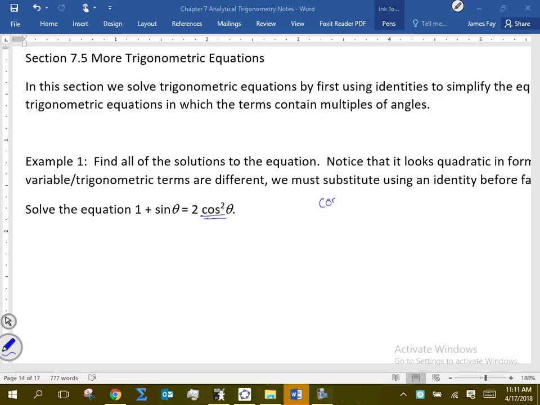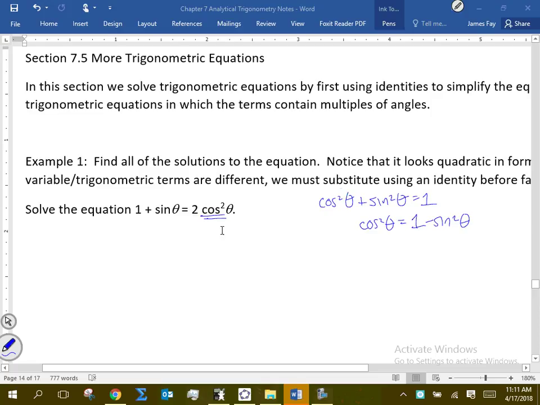Don't we have this thing here, cosine squared theta plus sine squared theta is equal to 1? Does that mean that cosine squared theta is equal to 1 minus sine squared theta? Is that okay? So now do you see how you can replace that thing right there with that?